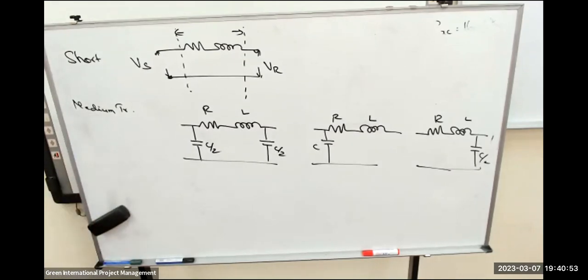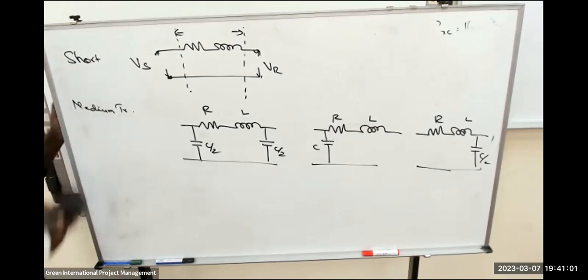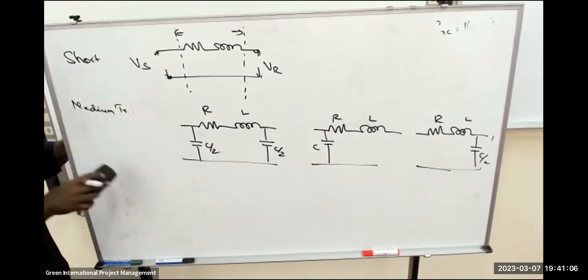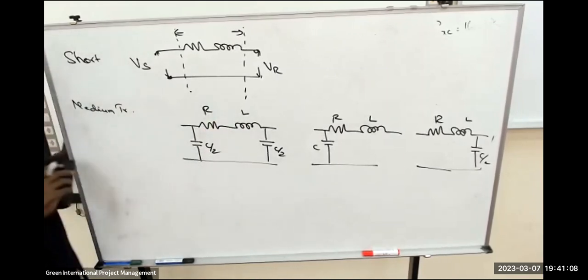And in long transmission lines, we are not able to segregate the resistance value and inductance value. That's what we call a distributed system. In short and medium transmission lines, we may calculate the resistance and inductance for the entire length.